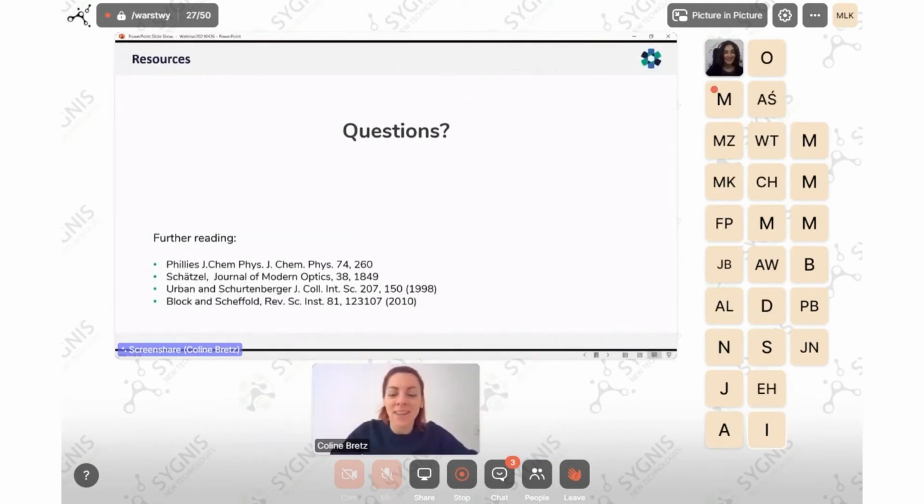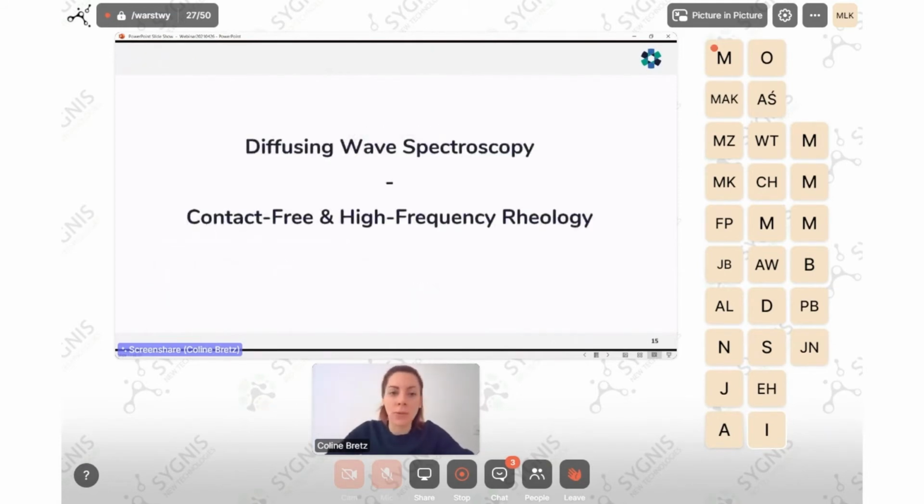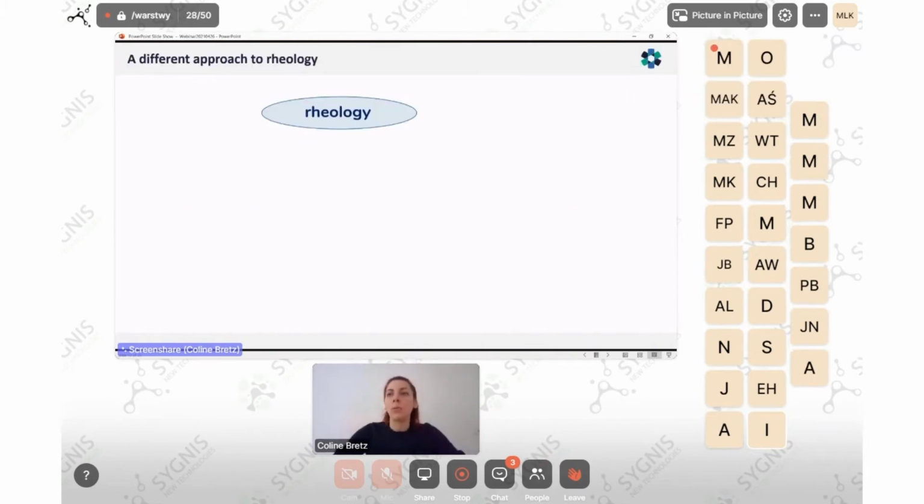Okay. So let me continue then with diffusing wave spectroscopy and how to conduct contact-free and high-frequency rheology, also a large application of light scattering. When we do rheology, we're basically looking to characterize the viscoelastic properties of a sample.